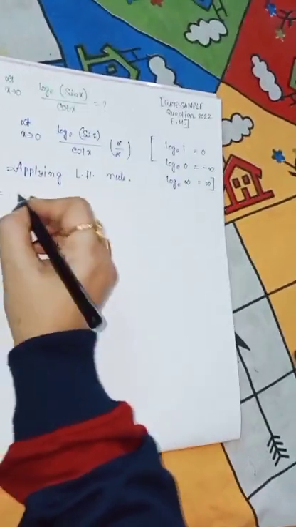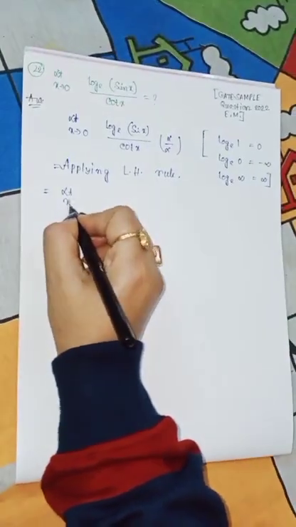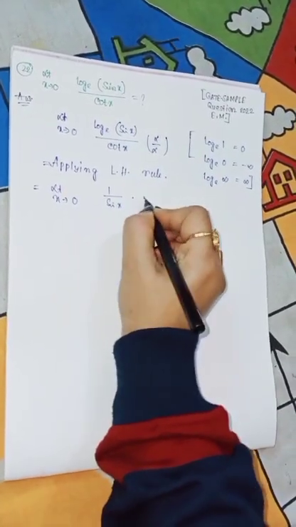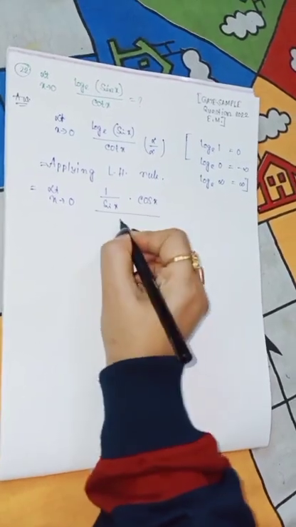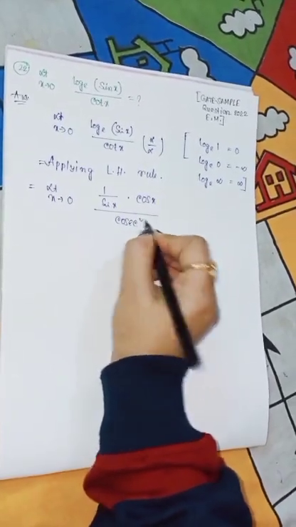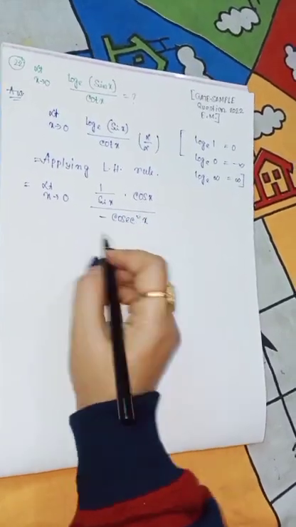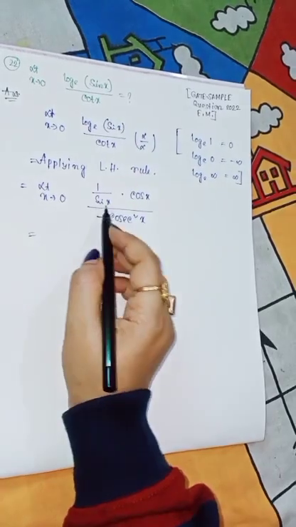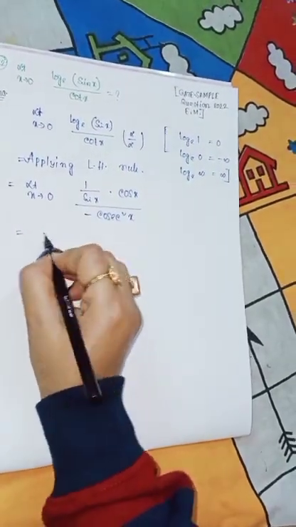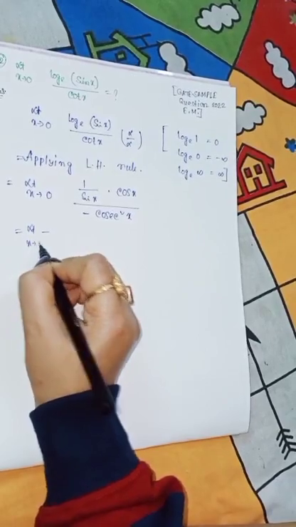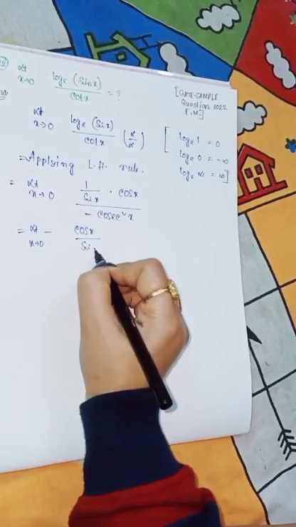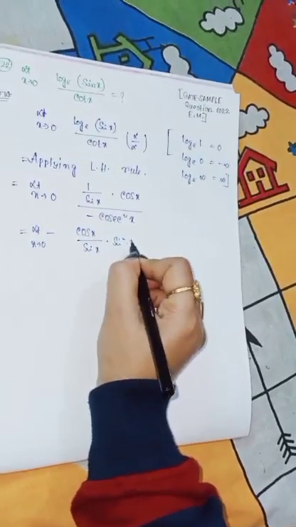So now that is equal to limit x tends to 0 of (1 by sin x into cos x) by (minus cosec square x), that is equal to limit x tends to 0 minus of cos x by sin x into sin square x.